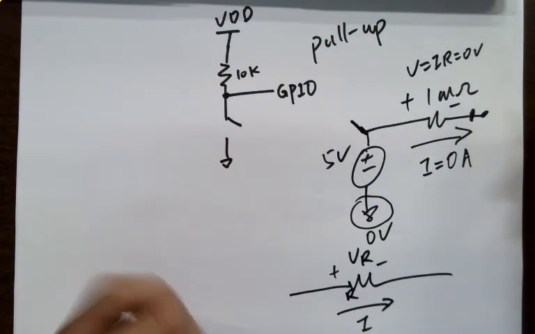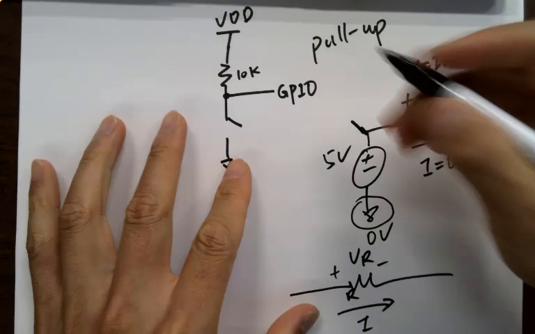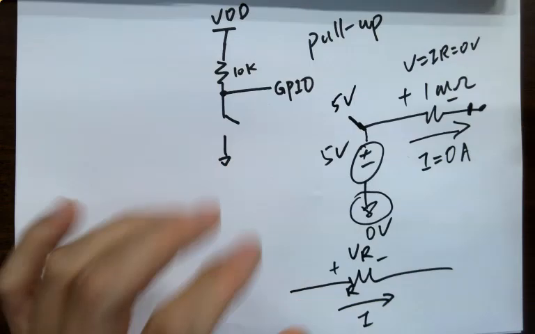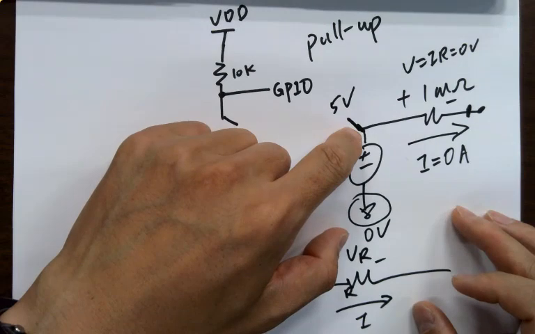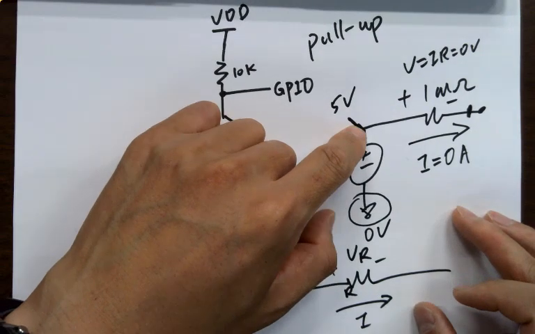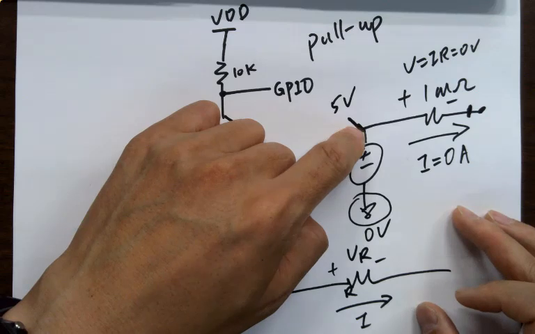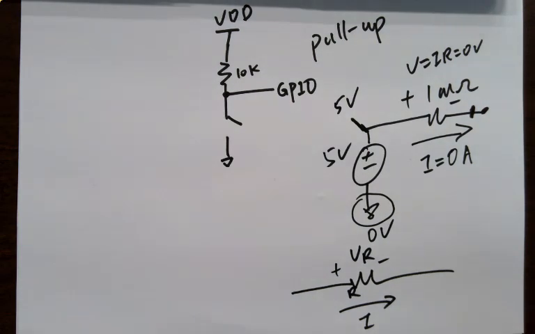Compared to where? 0 volts. Yeah, compared to ground. So I'm getting 5 volts here. Voltages are all relative, right? They are just differences between 2 nodes. But why is it valid to say the voltage at a certain point? Why can I directly say the voltage here, the voltage there?